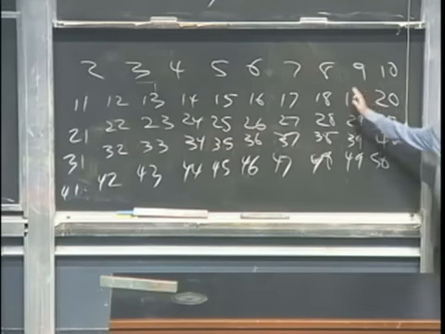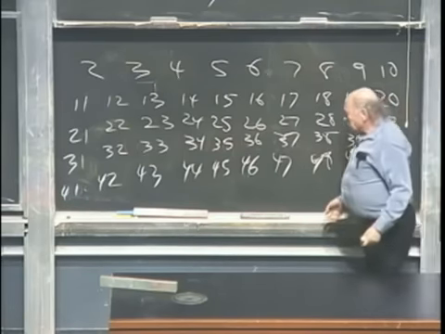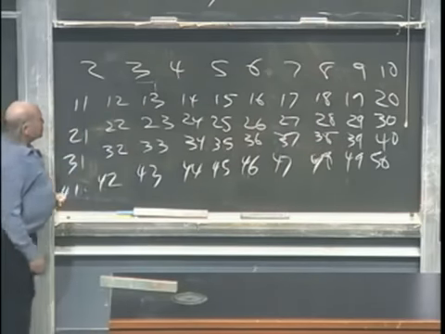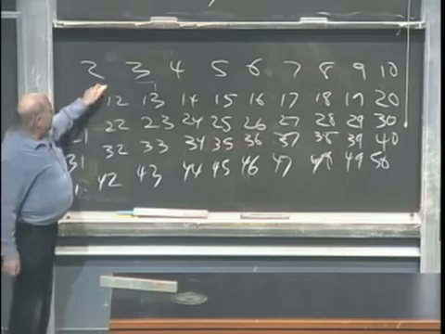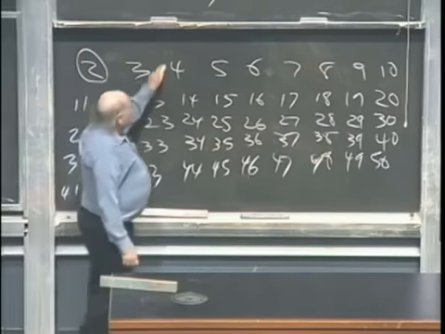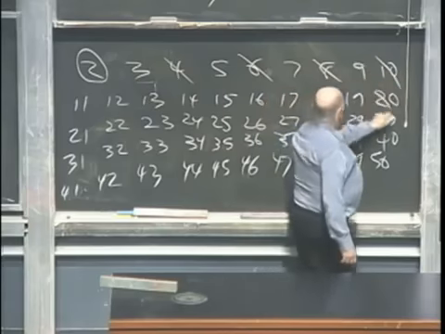No, I'm kidding. That's enough. And then what you do is this. Here's the algorithm. Circle the first otherwise unmarked number. It's prime. Now cross off all its multiples.